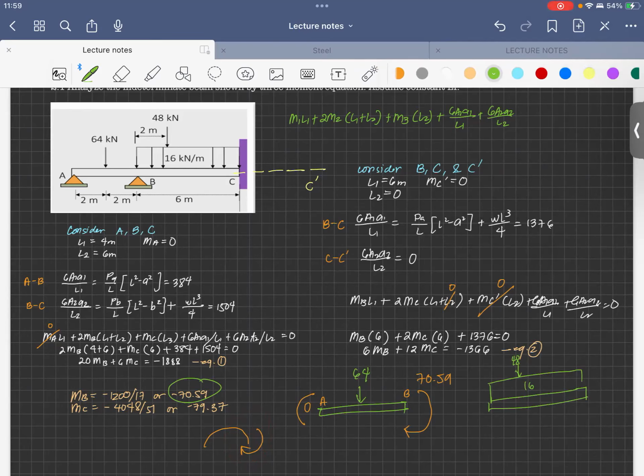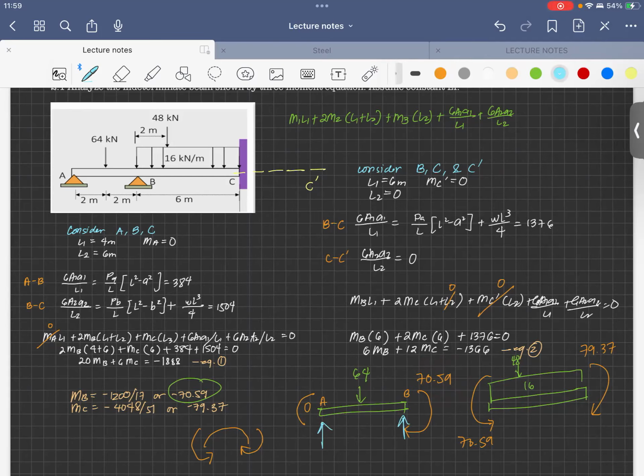So, di ba, ang moment B is negative. So, andito naman siya sa kabila. No? Ganyan yung itsura. So, negative 70.59. Tapos, negative 79.37.